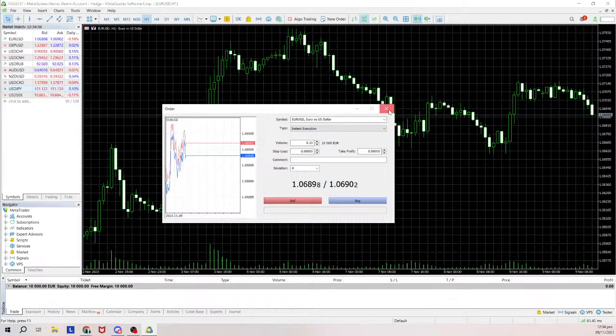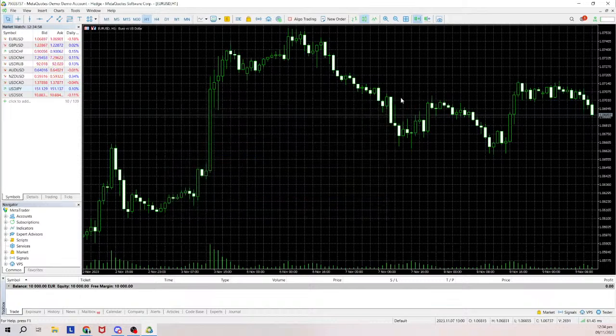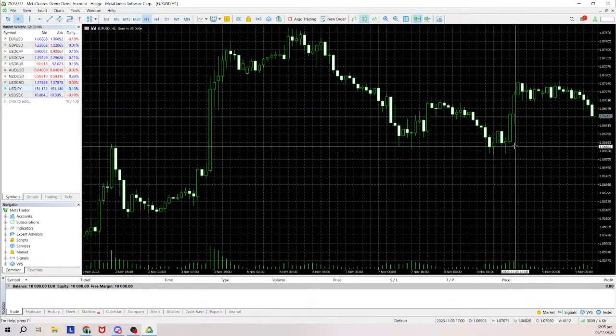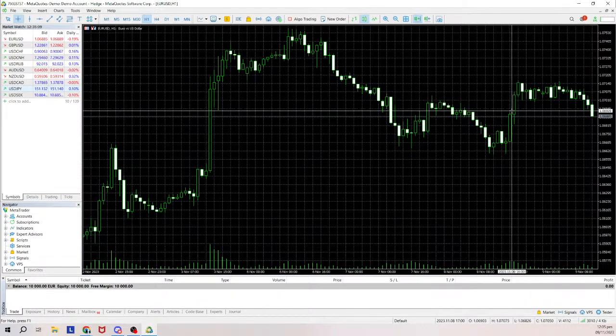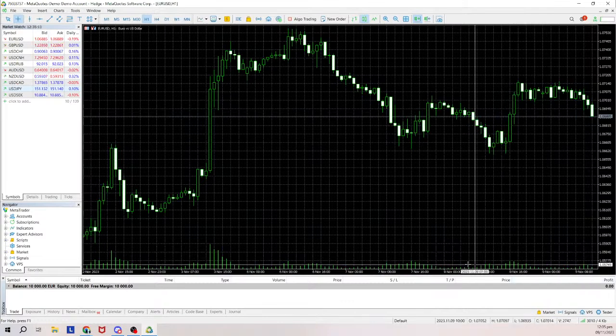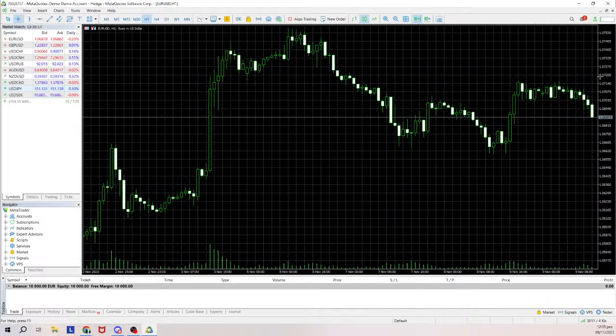Let's stay on this chart for a moment and go over what the options are here. We have a cursor here that we can use to look at the prices. On the bottom you can see the time. On the right you can see the price for the asset.